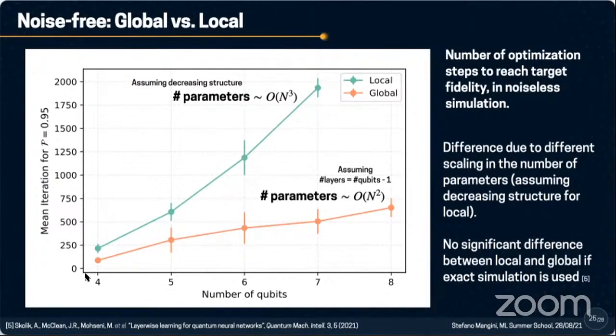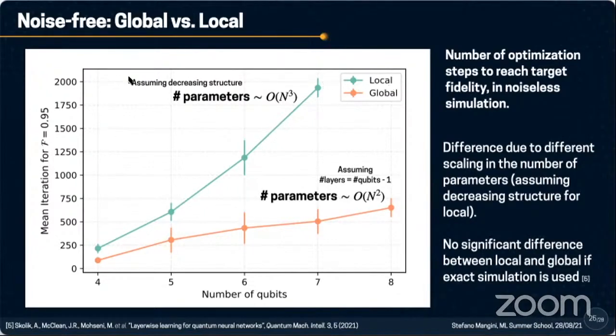What we see is that the global approach seems to scale better with respect to the local one. But this is due to the fact that, in the cases we selected, the number of parameters inside the global approach scales like n squared, where n is the number of qubits, assuming that the number of repetitions of layers in the global unitary is given by the number of qubits minus 1.